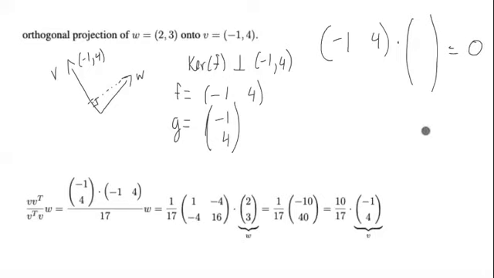Everything that's orthogonal is the same thing as the kernel. So if I want the kernel of f to be orthogonal to this, this should be the matrix itself. So this should be a good matrix for f.